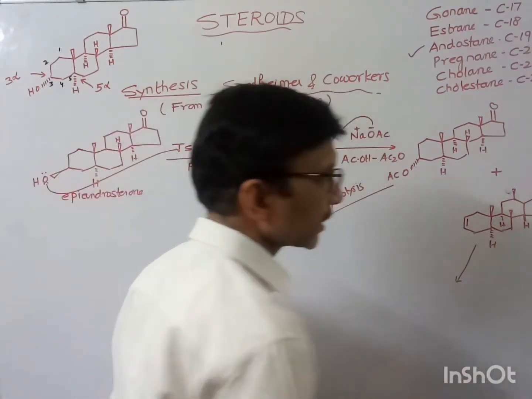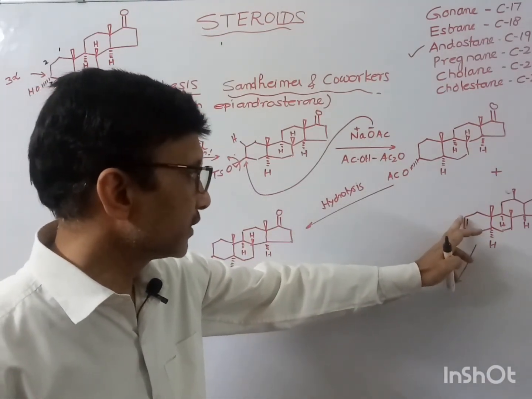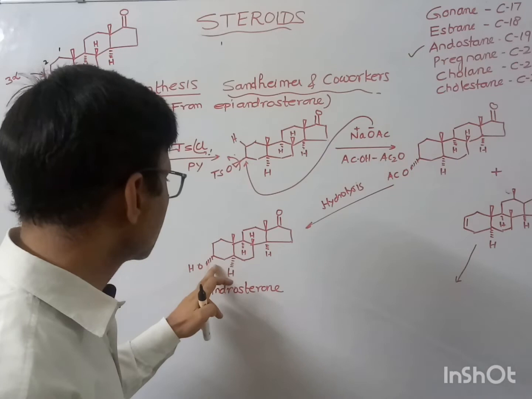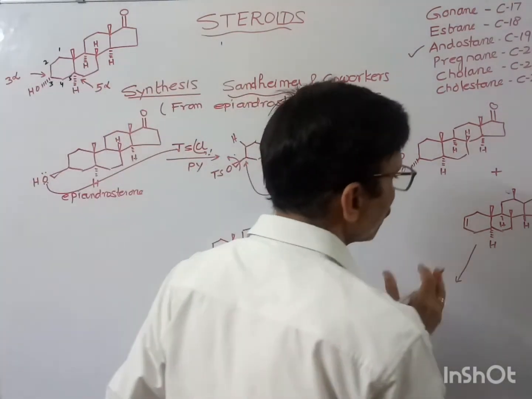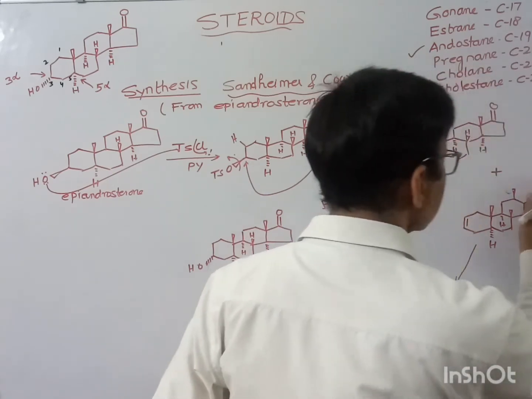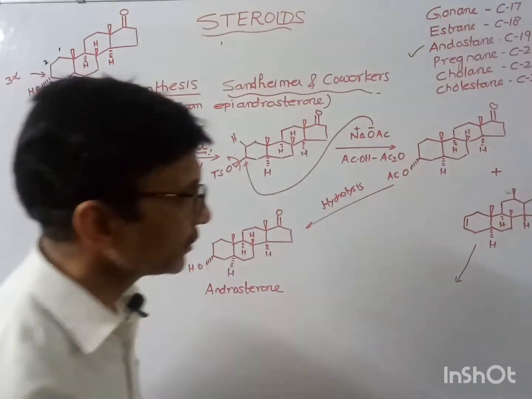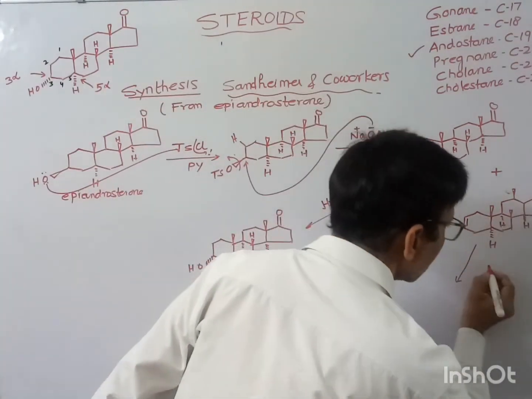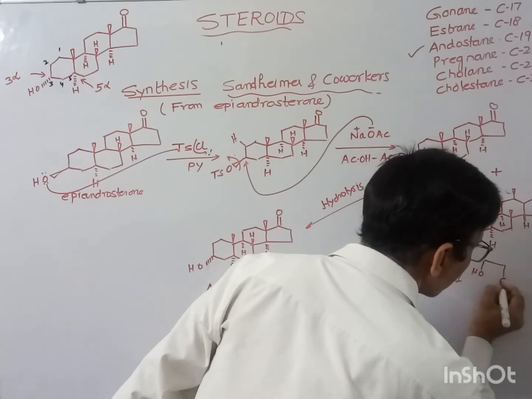And now how can we convert this double bond into this OH over here? For this, first of all, this keto group has to be protected. Okay, why, I will tell you. So first, this keto group can be protected by a diol.